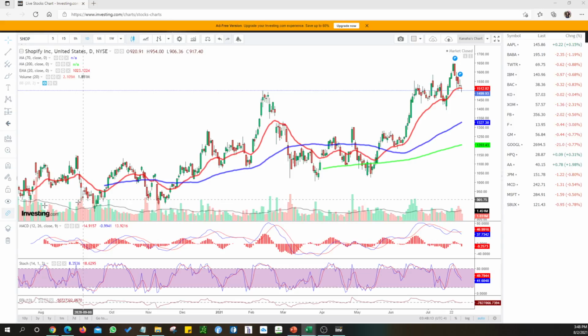Okay, let's look at MACD. This blue line is not cutting across the red line, and it is above 0. If it were below 0, it would be a different indication, but this is above 0, so I do not know how it will do.